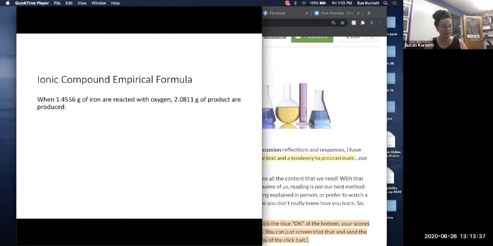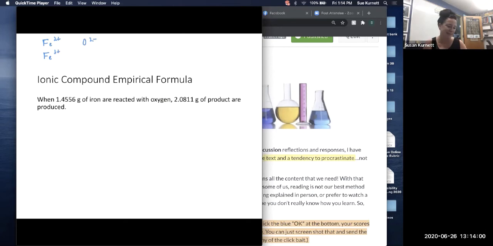Okay, so let's do that same idea here. Now we're going to do iron and oxygen, so we're going to make an iron oxide. We know the possibilities are we could have iron 2 or iron 3. But there are going to be some things where you don't know what the possibilities are. I'm just telling you ahead of time, you have an idea, a check for reasonableness.